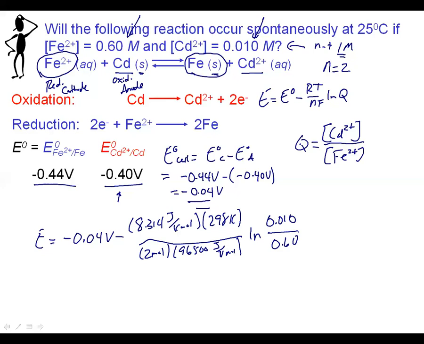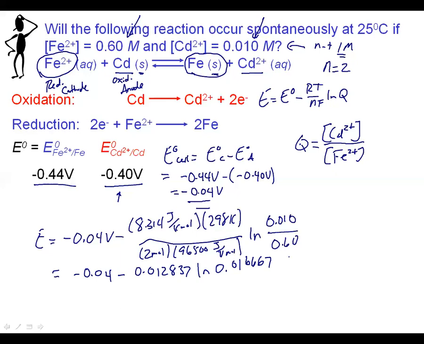All right, so let's do some cleaning up here. We'll clean up the outside first. So we end up with minus 0.04 minus 0.0128, I'll take it to a few digits, times the natural log of 0.016667. All right, so we take the natural log of that there.